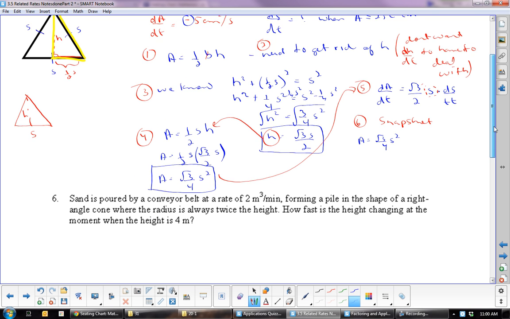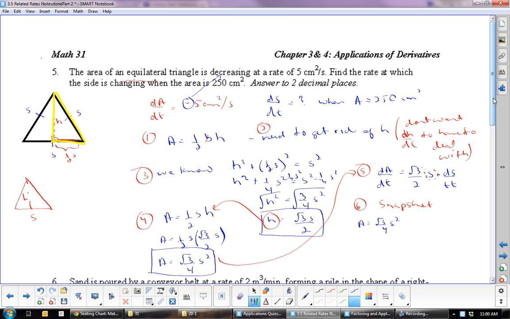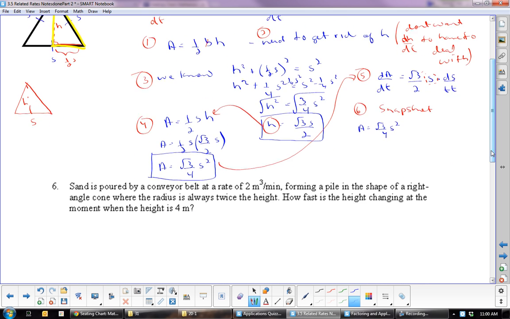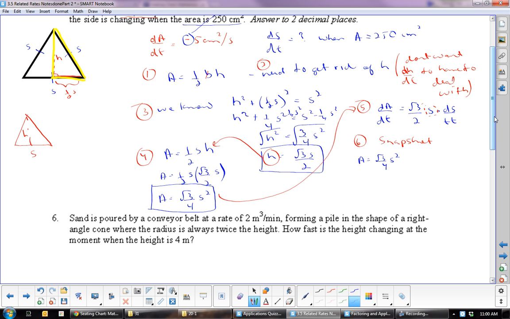Sorry, it says the side, find the rate when the area is 250. Sorry, not dA, but the area. So let's put an arrow here so later you're not wondering where that 250 came from. So 250 equals root 3 over 4 S squared. That's my derivative, root 3 over 2.